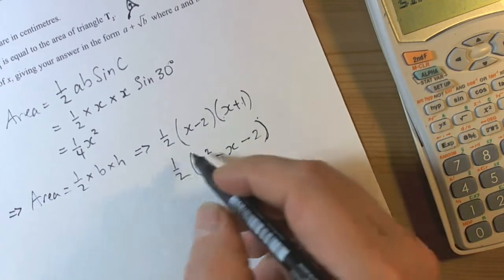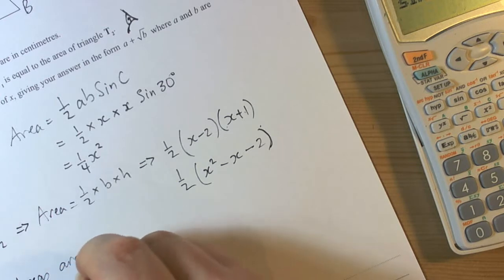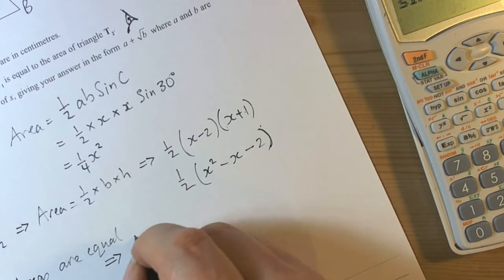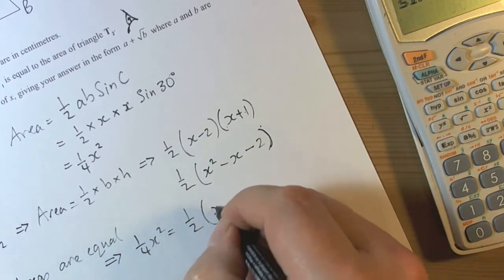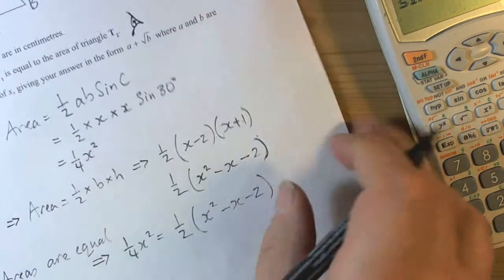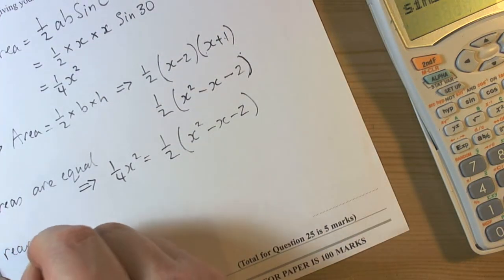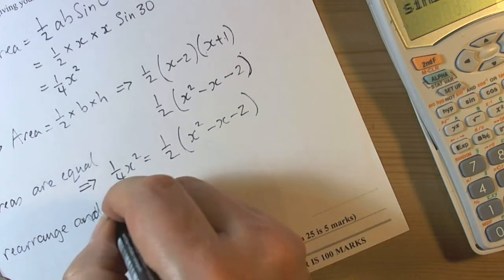We're told that the areas are the same, so the areas are equal. That shouts out at us that a quarter x squared is equal to a half of (x squared take away x take away 2). So basically we want to rearrange and solve.